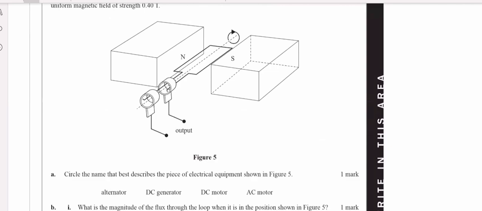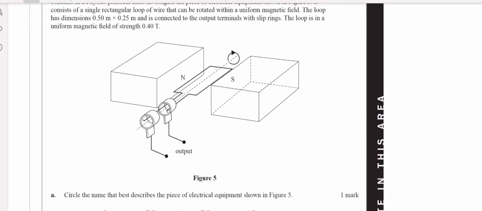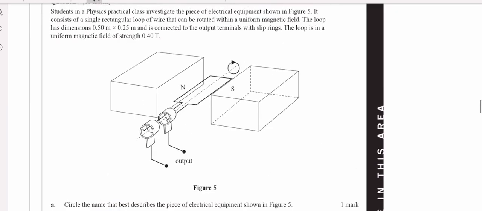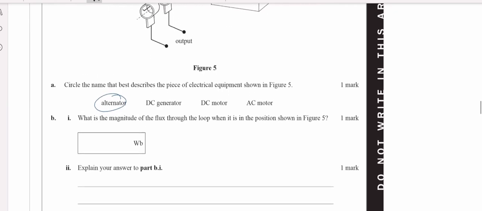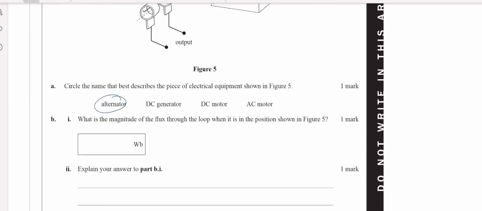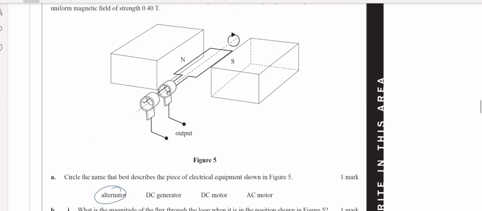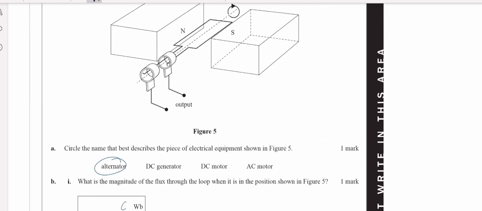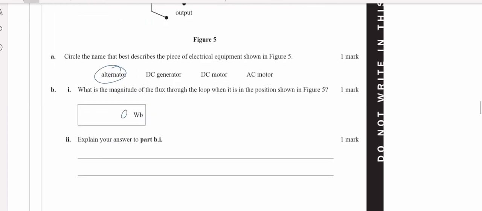There's slip rings and it's being turned, so it's an alternator. Magnetic flux in this position, yeah, 0. Explain it.